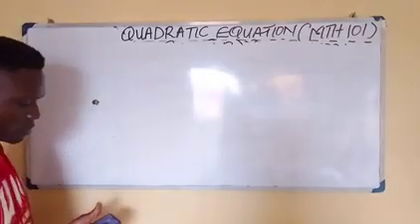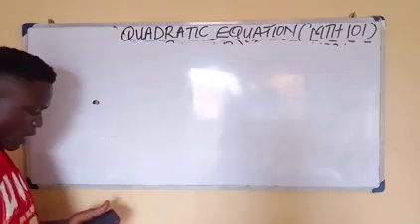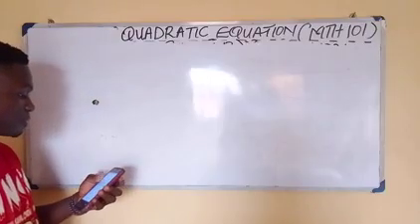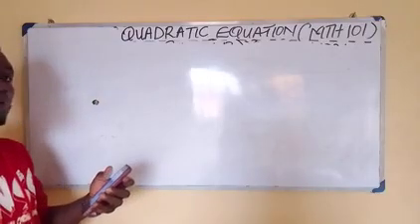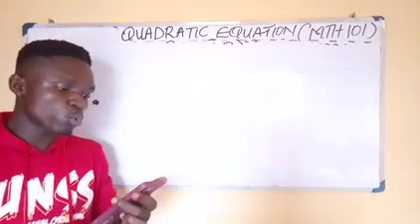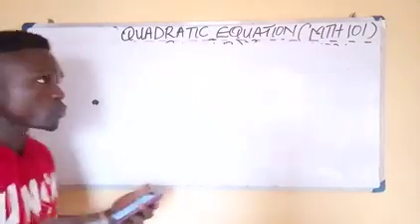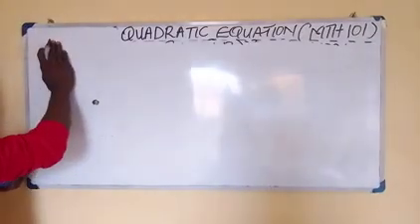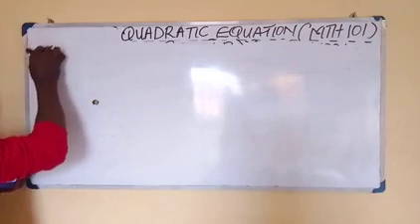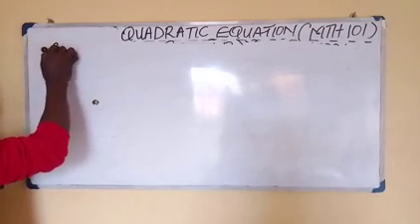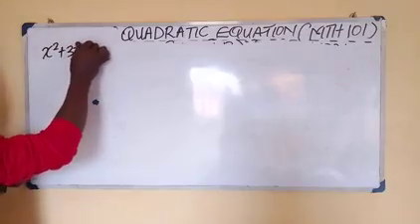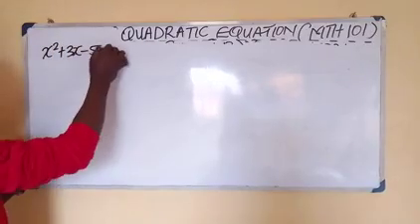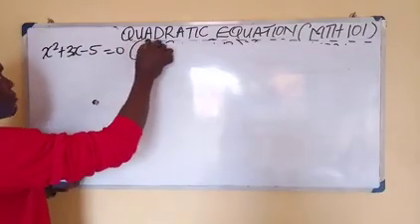Alright, so number 2, I'll read the question. They said the roots of the equation, which is x squared plus 3x minus 5 equal to 0, are alpha and beta.